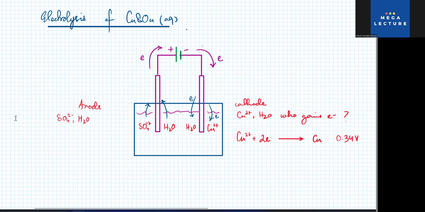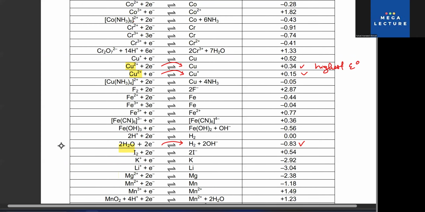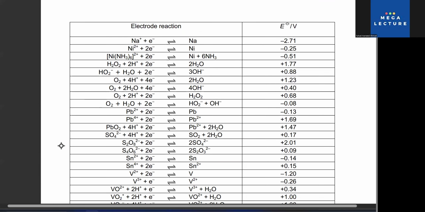So the question is, who loses electrons? So you're going to look at SO4 2 minus and H2O, and you're going to look at the equation in the reverse direction.